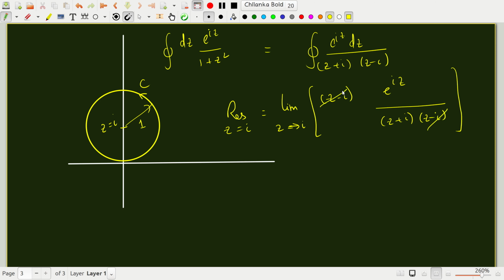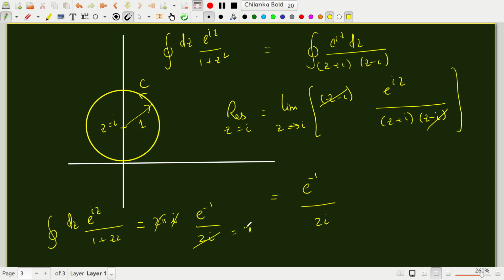These two cancel, and if I put z equal to i, I get e to the minus 1 upon 2i. This is the residue. Using the residue theorem, the integral is 2 pi i times e to the minus 1 by 2i. The 2i cancels, and you get pi over e. That's the answer for this integral.